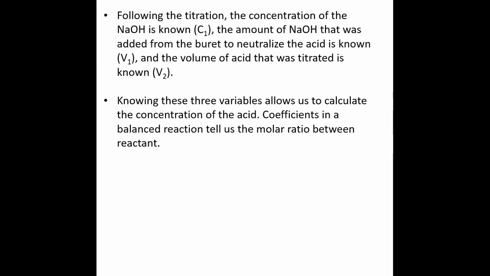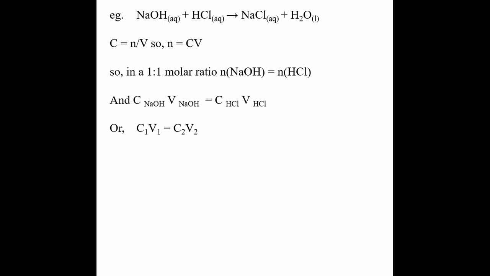So what is actually going on inside of the Erlenmeyer flask with this neutralization reaction? If we jump ahead here a little bit, we have sodium hydroxide, which is the base in the burette, and hydrochloric acid, which is in the Erlenmeyer flask. When we add the base into the acid solution, remember that acids donate protons.